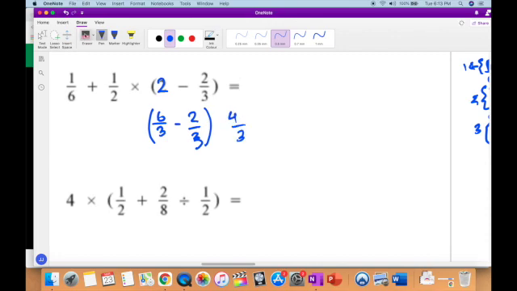Now when we take the 4 over 3 and multiply it by a half, we end up getting 2 over 3. So now I have 1 over 6 plus 2 over 3. First I was thinking, can I take this 6 and reduce it to a 3? I could go 1 over 2 times 3, but that gets messy.